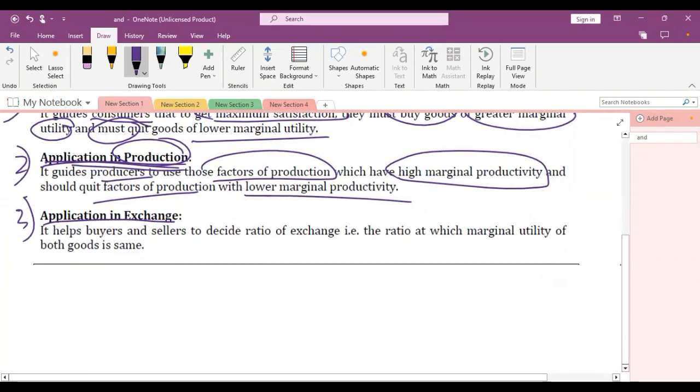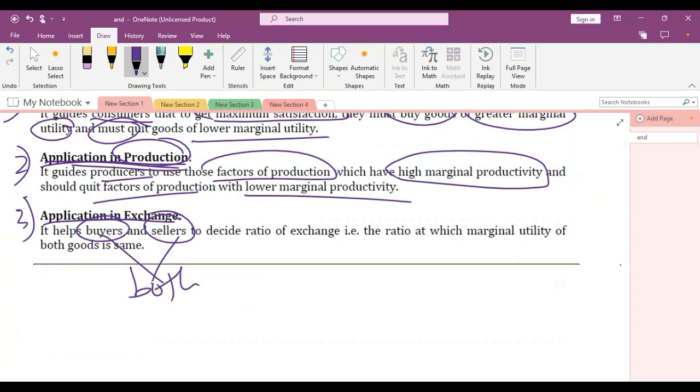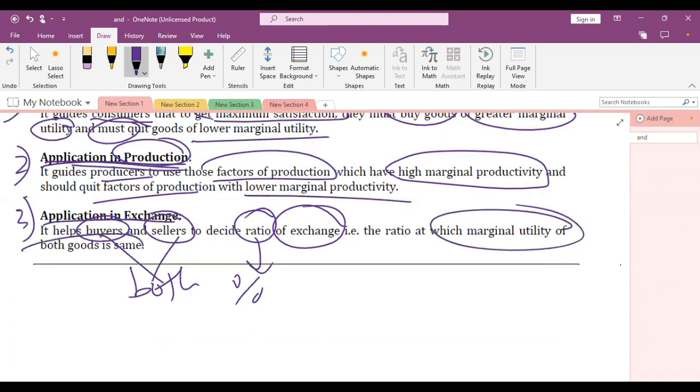It helps buyers and sellers both to decide the ratio of exchange, which good should be exchanged in place of which goods, the ratio at which the marginal utility of both goods is the same.